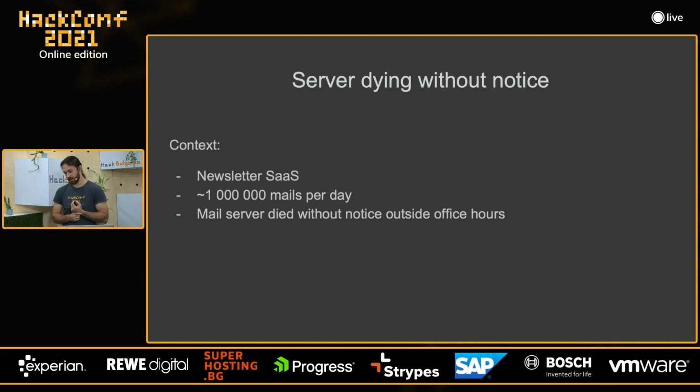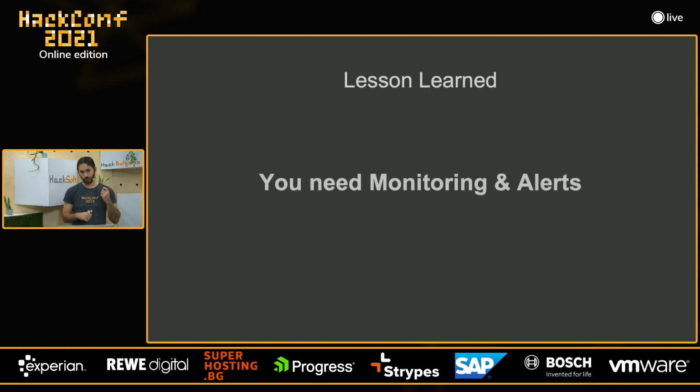Another problem that we had in the same company: we have a newsletter software as a service system, and we sent around 1 million emails per day. And then the mail server died without notice outside of office hours. You need monitoring and alerts.